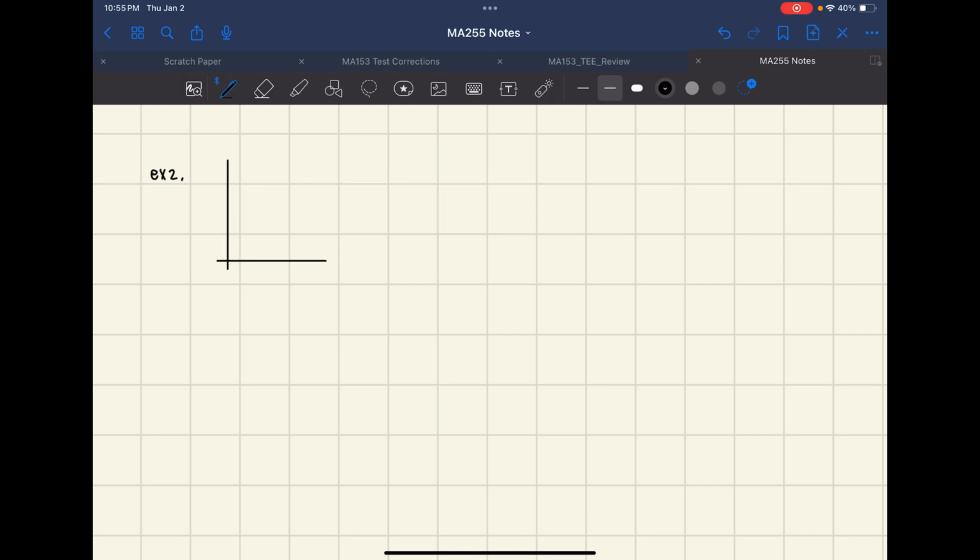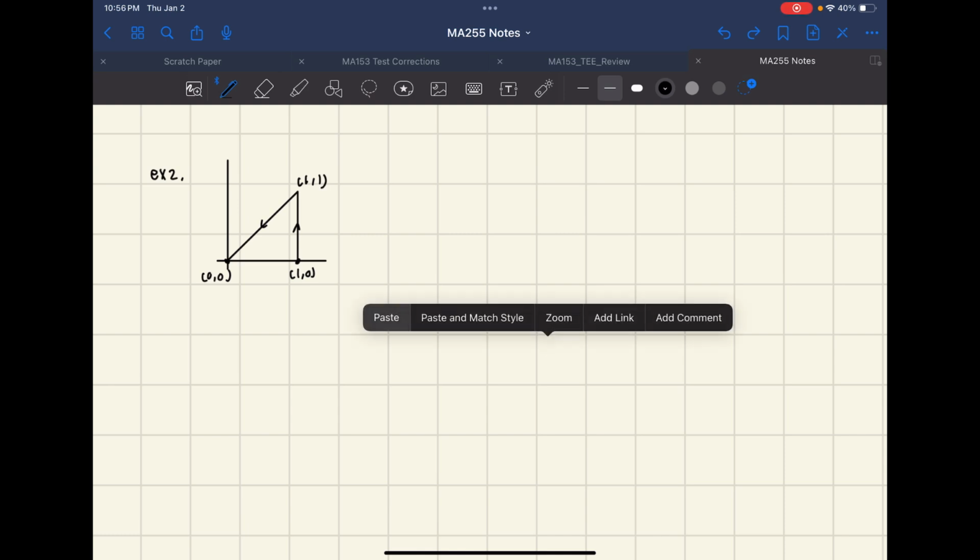Okay, let's try another. Here we're given this graph, and we're going to practice setting it up. Yes, it is enclosed and going in the counterclockwise direction, so we can apply our formula.